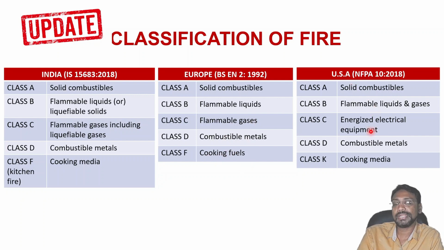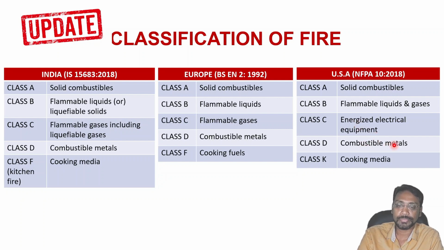But American standard is different. Class C in American standard is not flammable gas, it is energized electrical equipment, or electrical fire comes under Class C in American standard. Whereas class C is flammable gas in Indian and European standard.